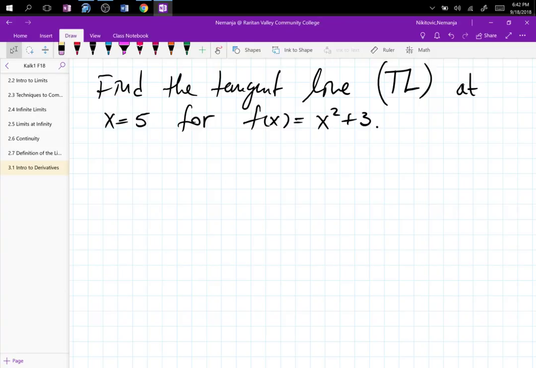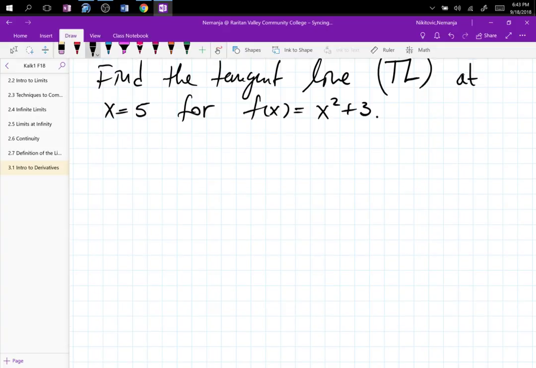M tangent is the limit, h goes to 0, of f of a plus h minus f of a, divided by h. Great. I know that a is 5, and I know what f of x is.